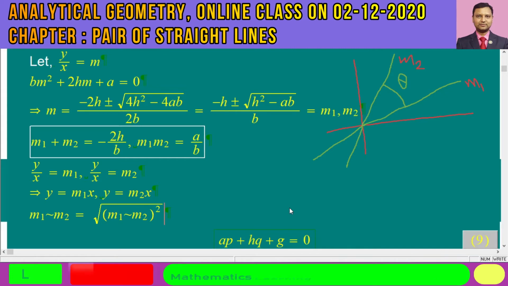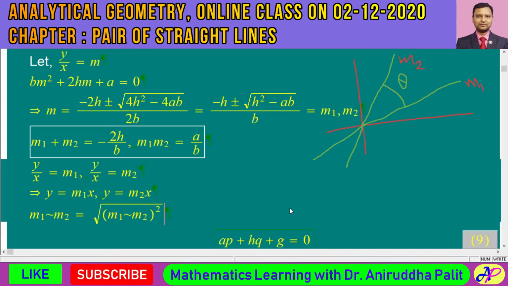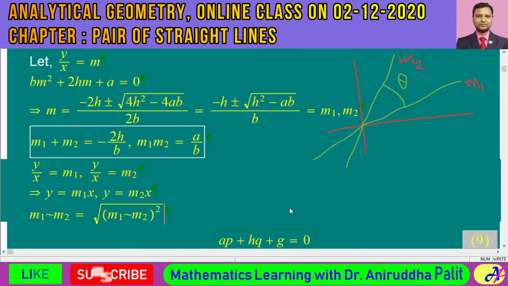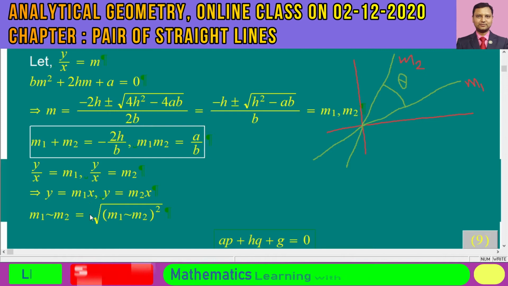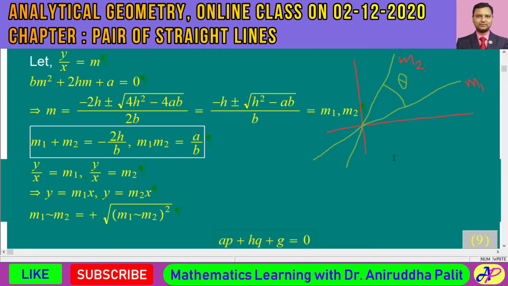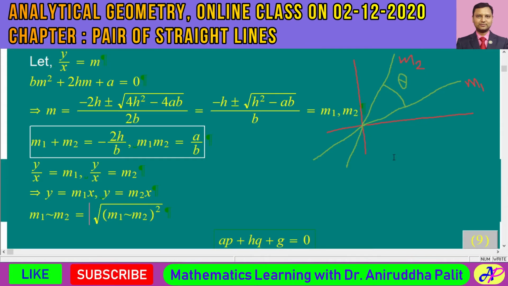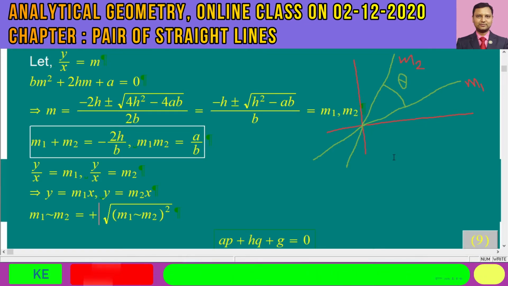Because we are free to choose m1 minus m2 or m2 minus m1 as the case may be, it is always possible to make this expression positive. We are not considering the negative square root, because m1 minus m2 and m2 minus m1 can be manipulated in such a way that ultimately the expression becomes positive. So we can consider it as a positive square root.